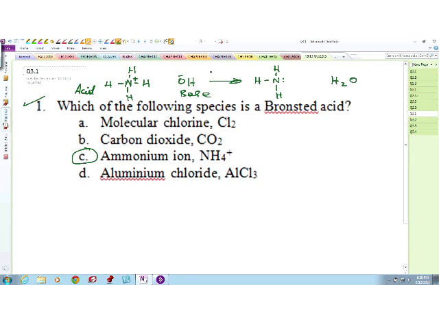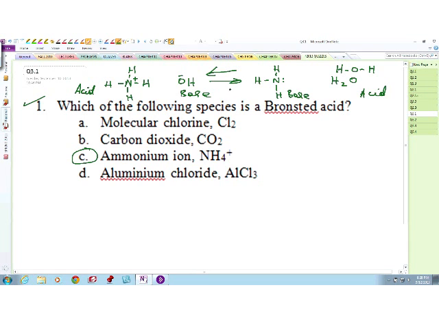Now, supposing we want to go from right to left, which will be the Bronsted acid? Water, exactly, because water will be donating a proton. So in this case, the water will be your Bronsted acid, and the ammonia will be your Bronsted base. Very good.